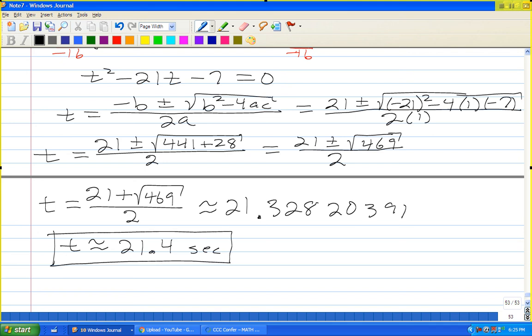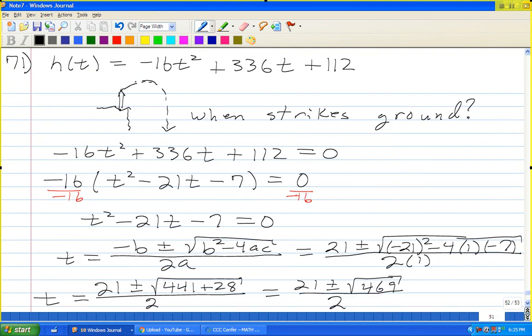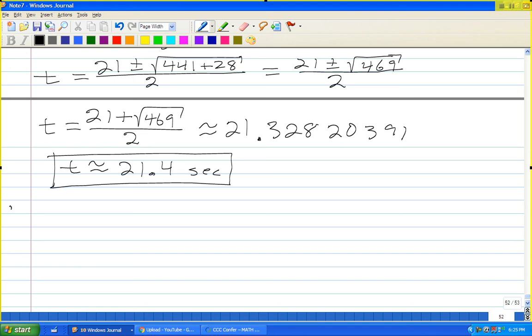Let me do problem number 72. An arrow is fired straight up into the air with initial velocity of 128 feet per second.